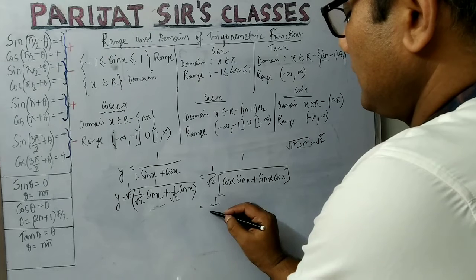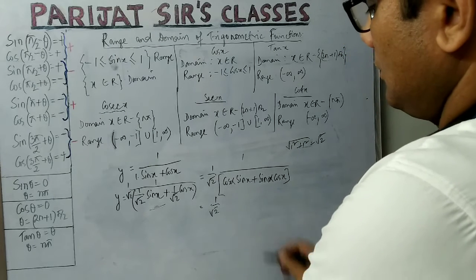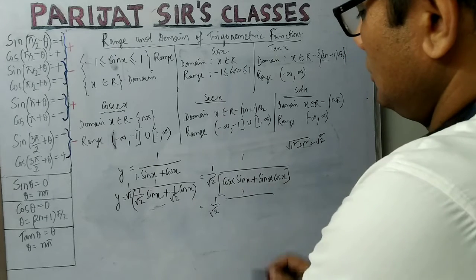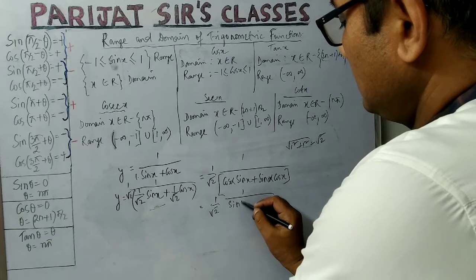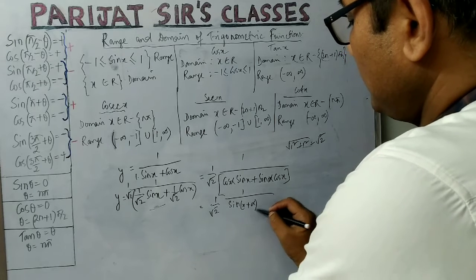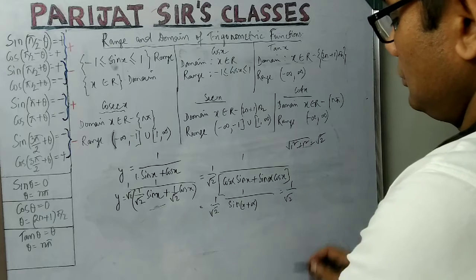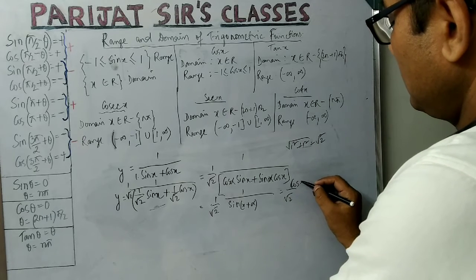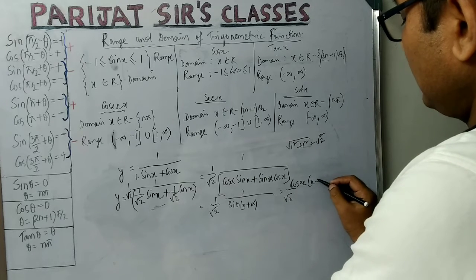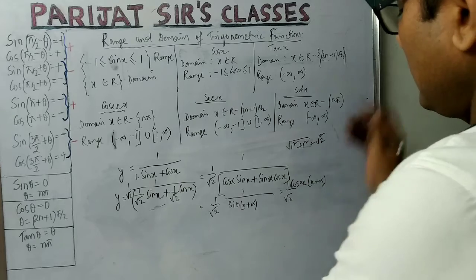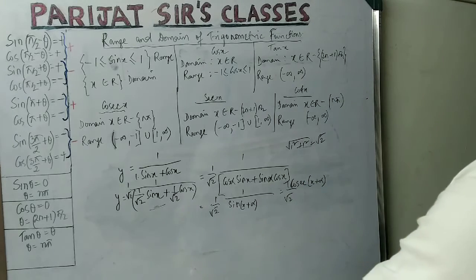So now the function will become 1 by root 2, 1 by sin(x plus alpha), which is root 2 cosec(x plus alpha).